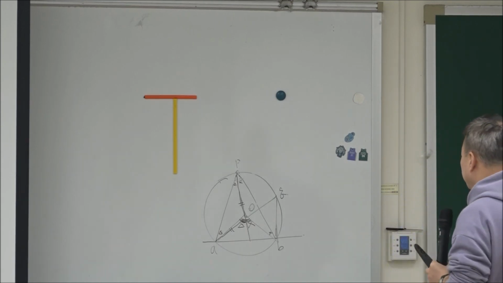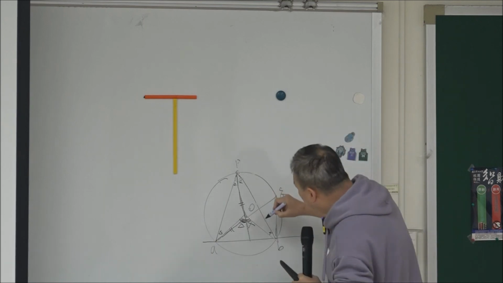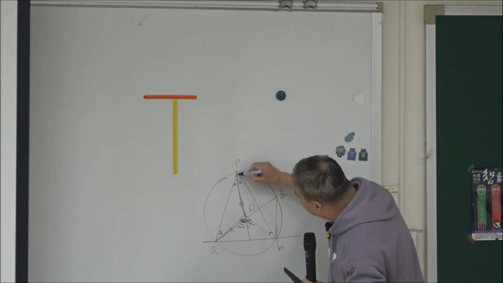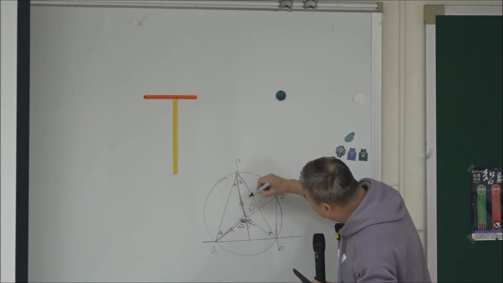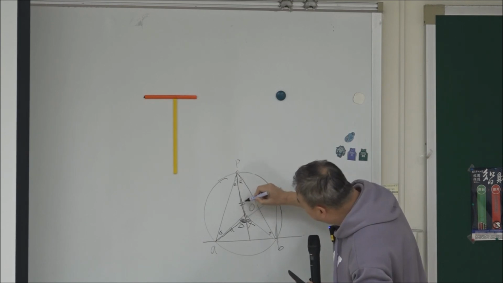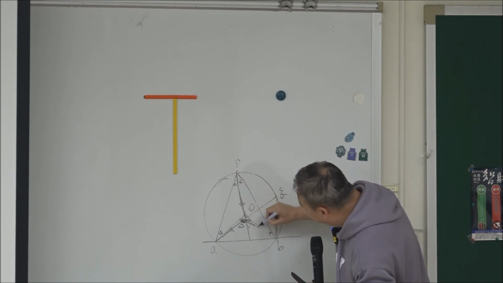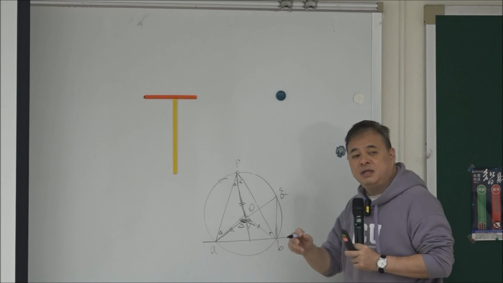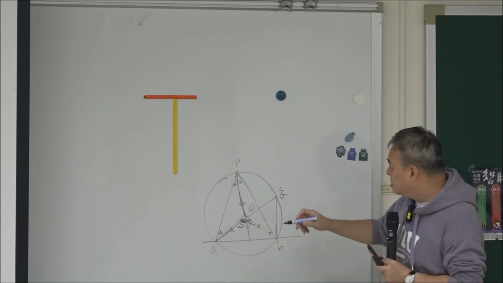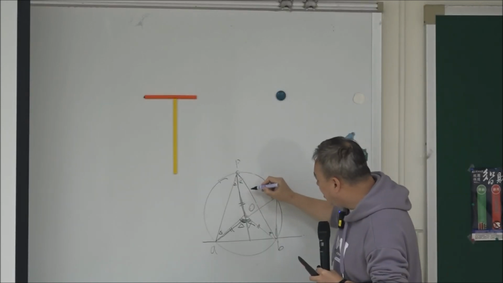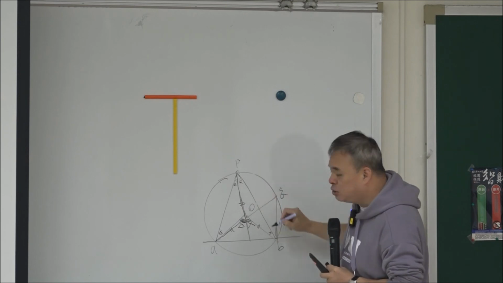For a similar reason, if you look at this triangle, the lengths here and there are the same, since they are all radii. So this small cross and this small cross should be the same.